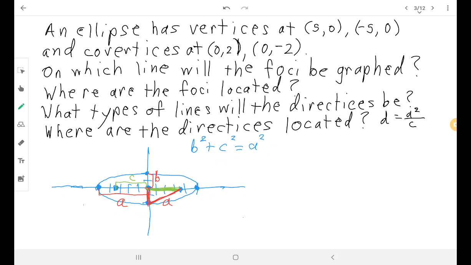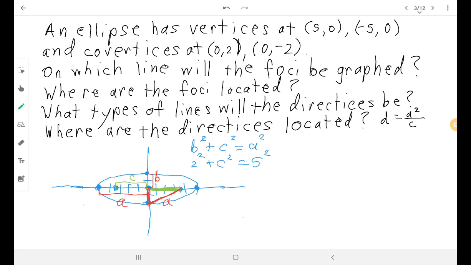So I can use knowledge that I have to get knowledge that I don't have based on this, right? If you just look at my picture or even look at things up here, I know the B distance. The B distance is 2, so it's 2 squared plus C squared equals A squared, and I know the A distance either from looking at that or from looking at the picture. The A distance has to be 5.